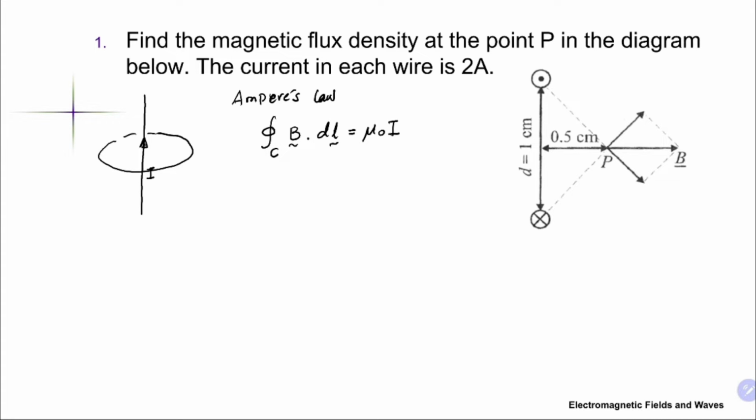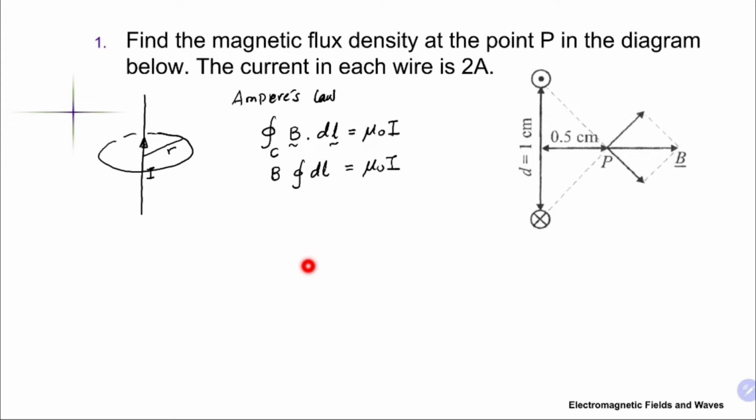Let's say this has a radius r. If you choose the loop around that magnetic flux, then the magnetic flux density is going to be constant, so you can take B out of the integral, and that is equal to mu naught I.